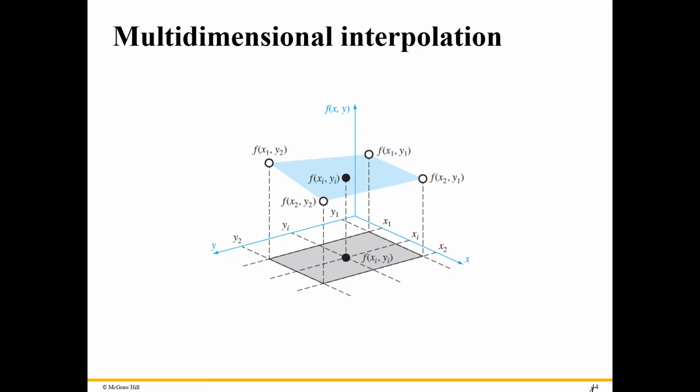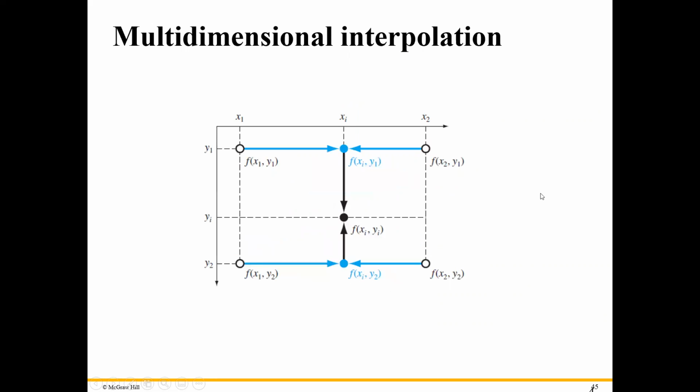In this case, first we will interpolate from x1 to x2 at the level of y1, and then we interpolate from x1 to x2 at the level of y2. From these 2 points, we will then interpolate between the values of y. So we have to apply the linear interpolation 3 times.